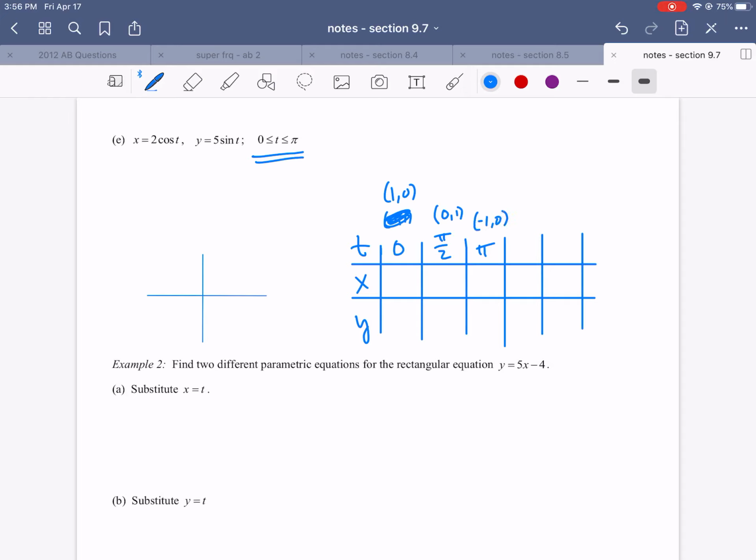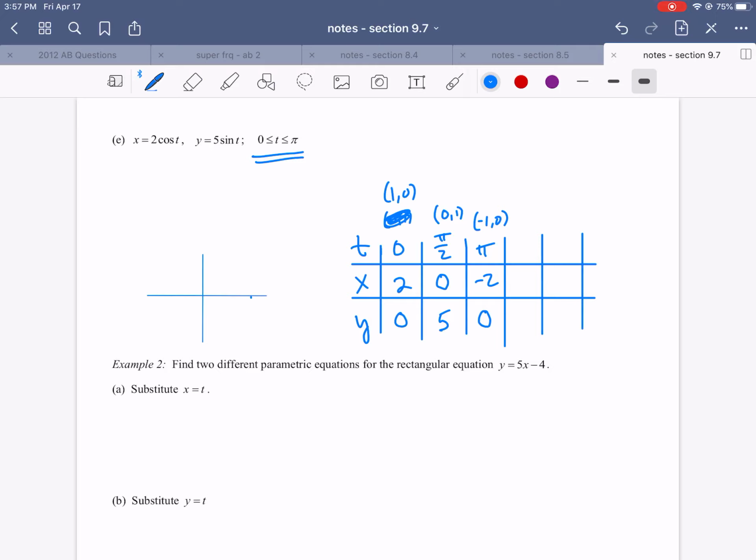And so when t is 0, x is going to equal 2 cosine of 0, which will be positive 2, and y is going to be 0. At pi over 2, cosine is going to be 0, and sine is going to be 1, times 5 is 5. And then at pi, cosine is going to be negative 1, times 2 is negative 2, and sine is going to be 0 times 5, which is 0.